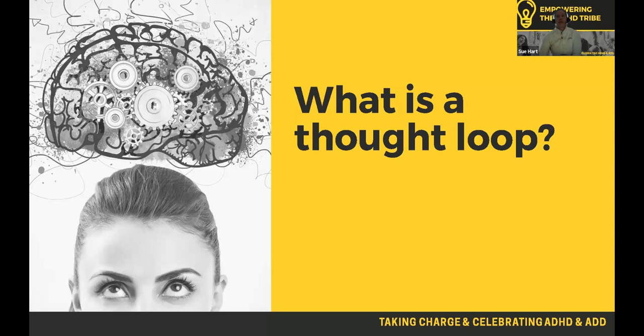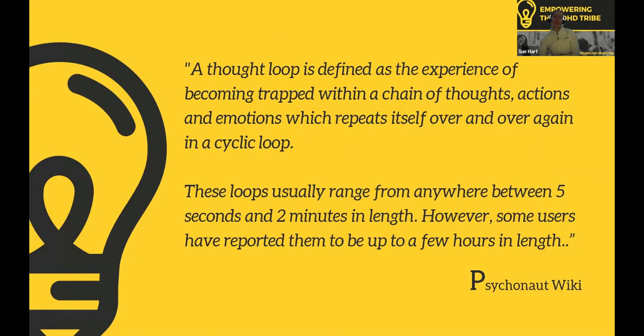Let's look at what is a thought loop. A thought loop is defined as the experience of being trapped within a chain of thoughts, actions, and emotions which repeats itself over and over again.